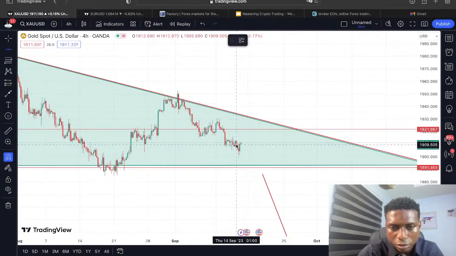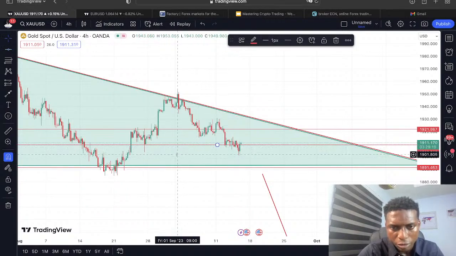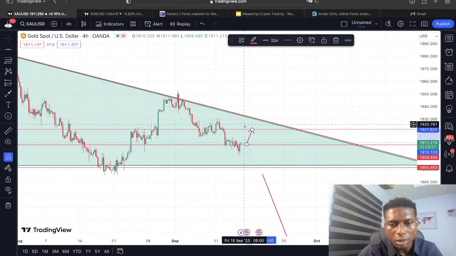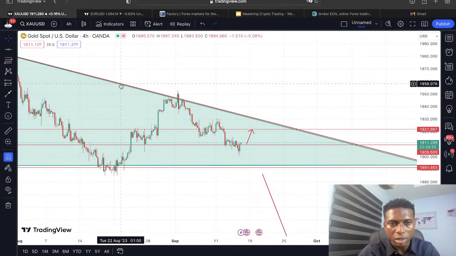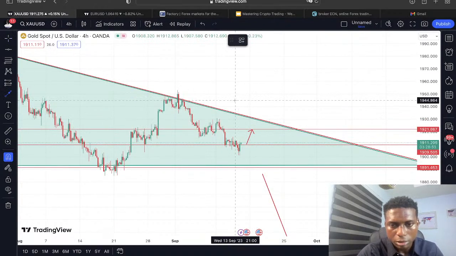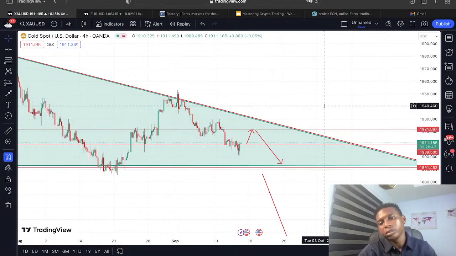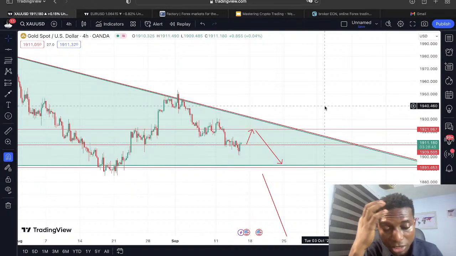You can take advantage of gold's movement up to this level, but definitely it's not sustainable, and that's if you want to really risk it. Once it gets here, price might trigger far back into the bearish direction.